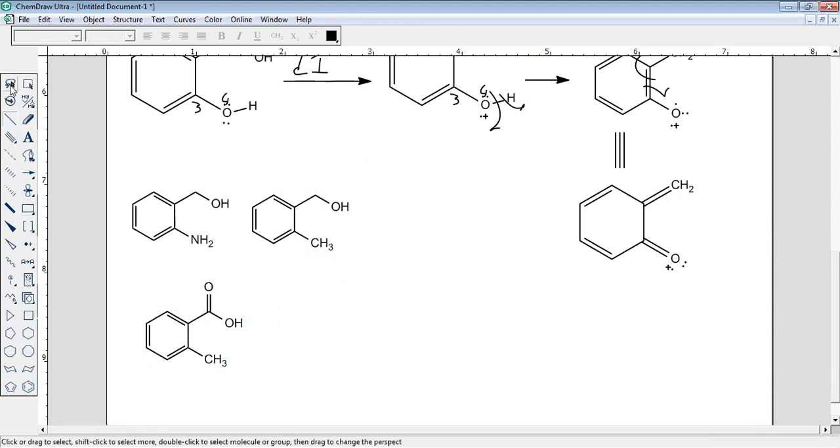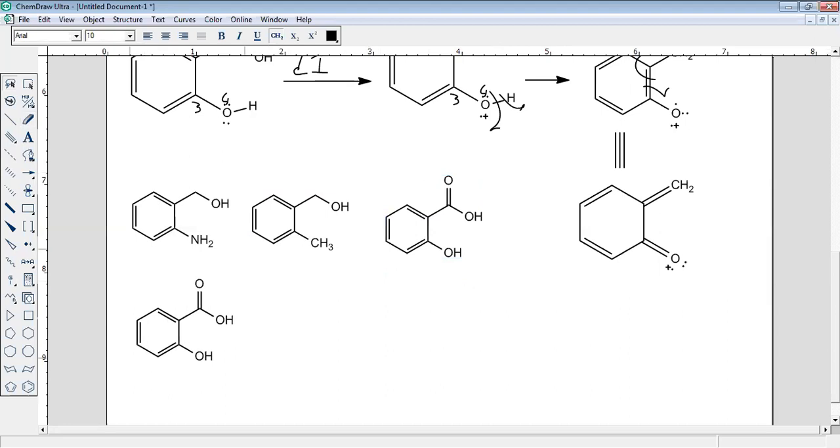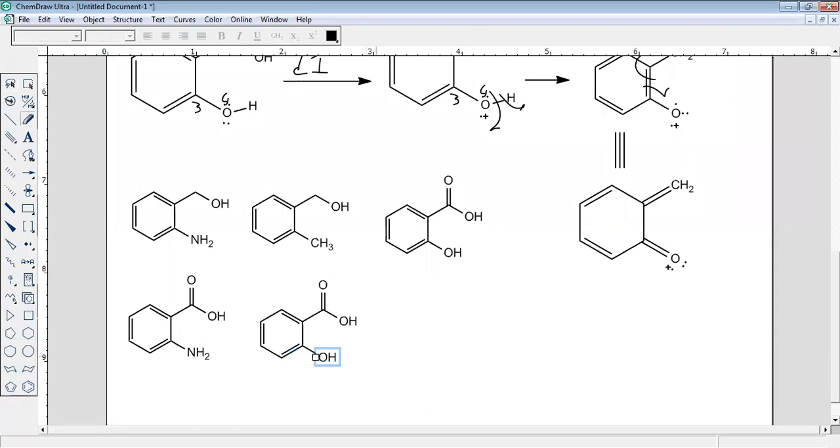This should be OH. We can say salicylic acid. Salicylic acid also shows the same fragmentation. Other possibilities: if you put NH2 here, this is anthranilic acid or ortho-aminobenzoic acid, which also undergoes it. If you have a simple methyl, this is ortho-methyl benzoic acid. This will also go through this reaction.